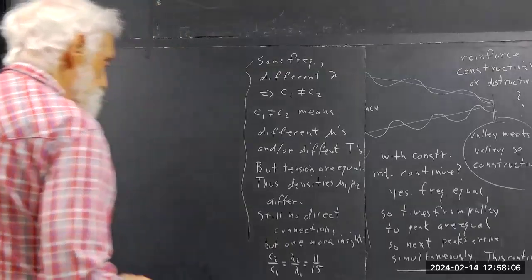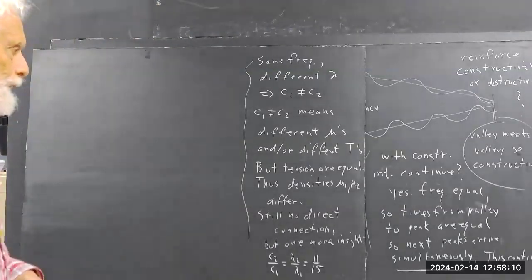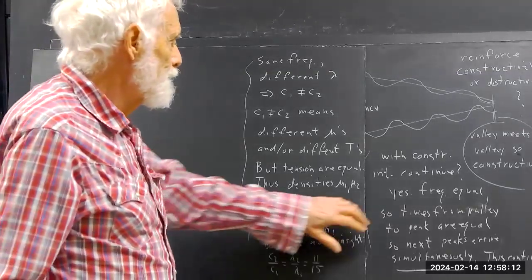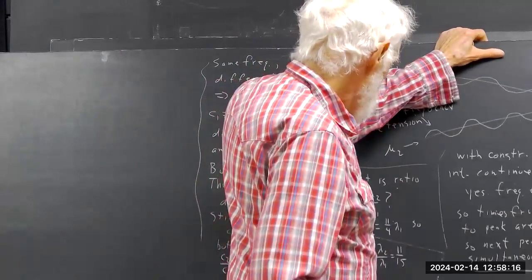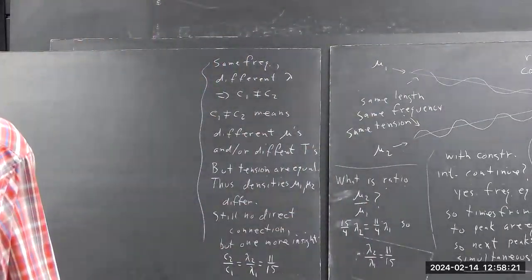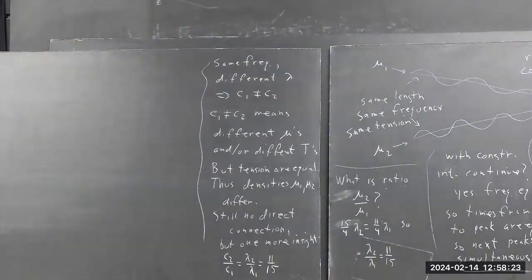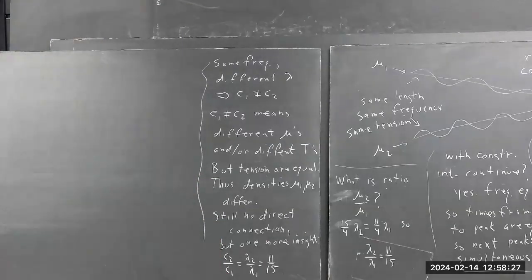Well, how does this help us get to the desired ratio, which is the ratio of the densities? You know, we started by saying, well, we know from our hands-on experience and from other things that the densities do have to differ. So they're going to have some ratio. So what's the final connection here?